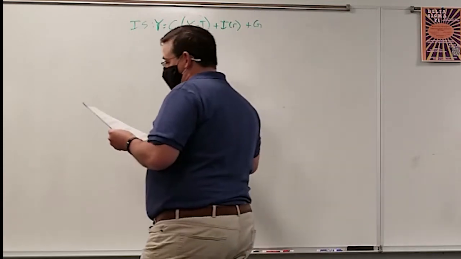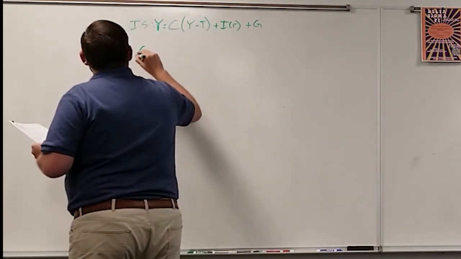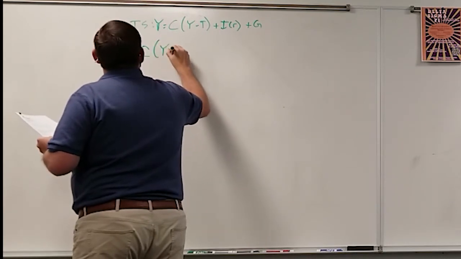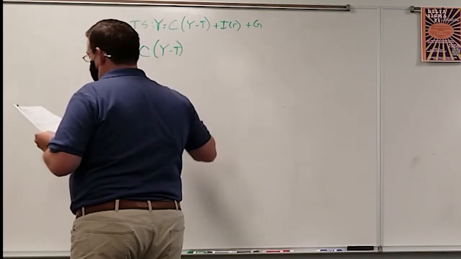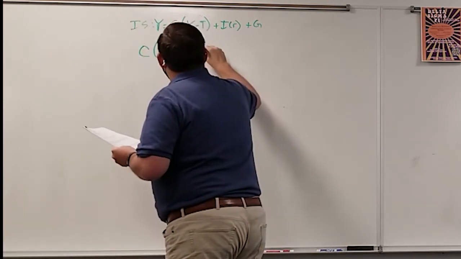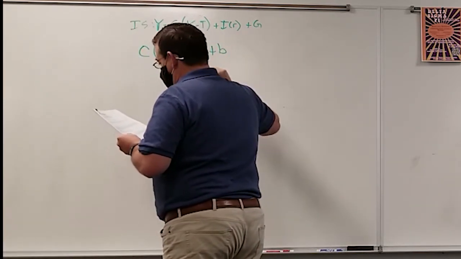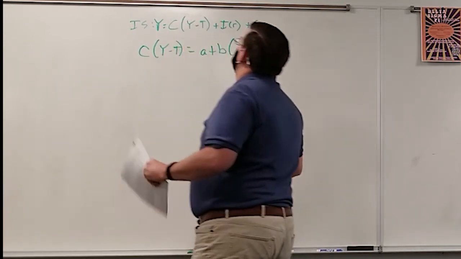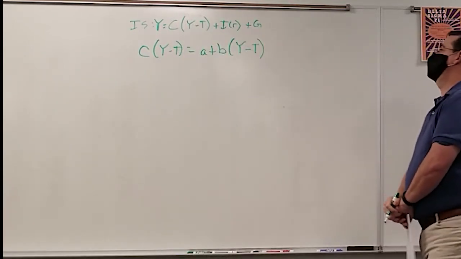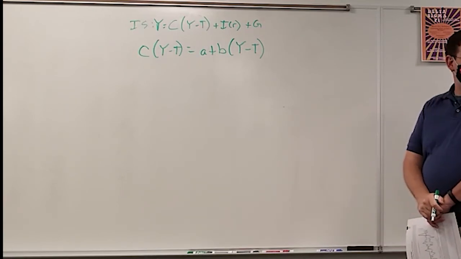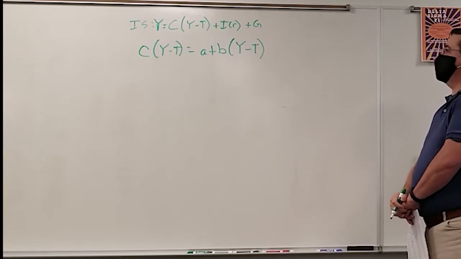Let's try to make this a little more concrete and say that c of y minus t, this function, has this actual expression, a plus b times y minus t. So what are a and b? They're just some number that we can plug in here.